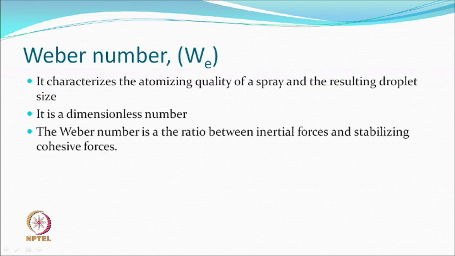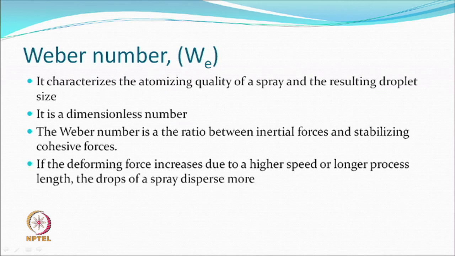So, roughly speaking, it is a ratio between the inertial forces and the stabilizing forces, which are cohesive forces like the surface tension itself. Right. If surface tension is high, then it is difficult to separate.